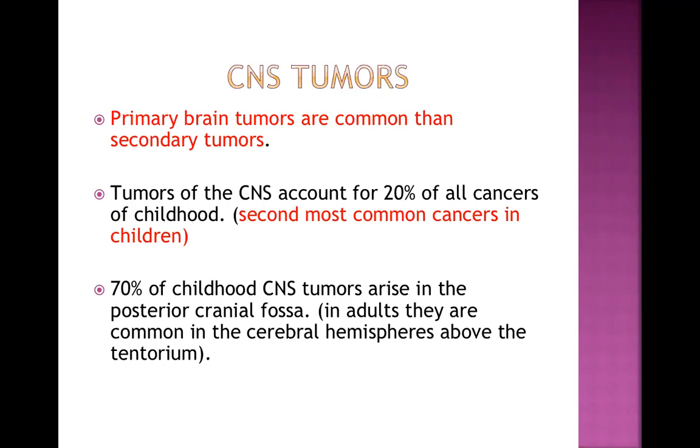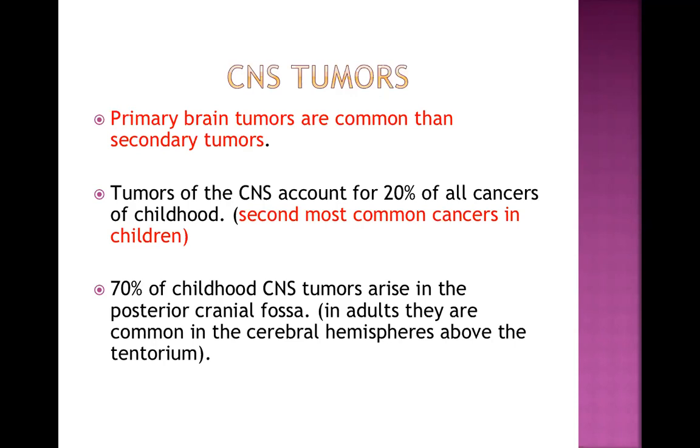70% of childhood CNS tumors arise in the posterior cranial fossa. This is an important epidemiological point. In children, whereas in adults they are common in the cerebral hemisphere above the tentorium cerebelli.